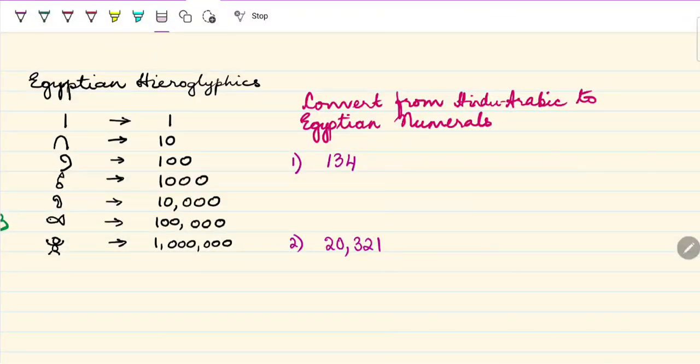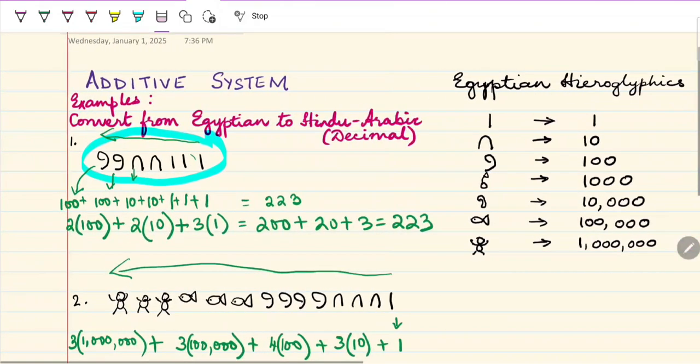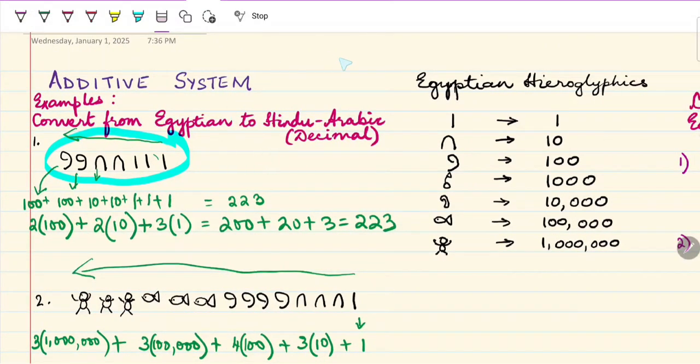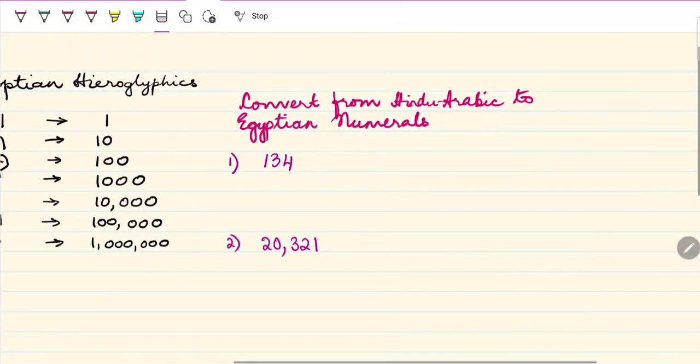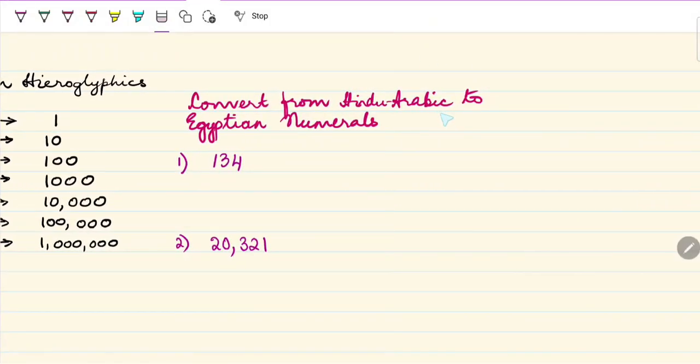Hello everyone. We are still working on the Egyptian numeration system. In a previous video, I showed you how to convert from the Egyptian numeral to the Hindu Arabic or the decimal system. In this video, I'm going to show you how to convert from the Hindu Arabic or the decimal system to the Egyptian numeral.